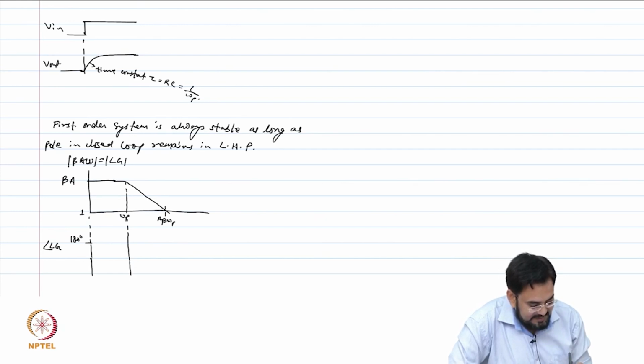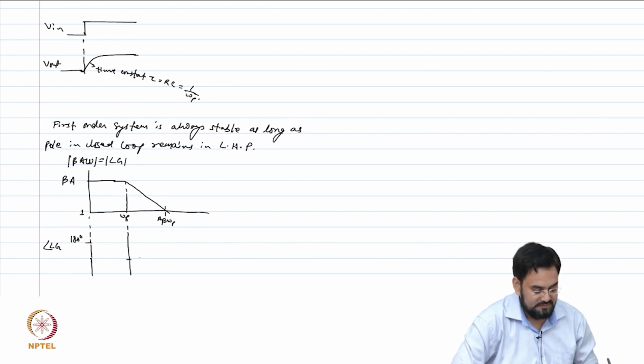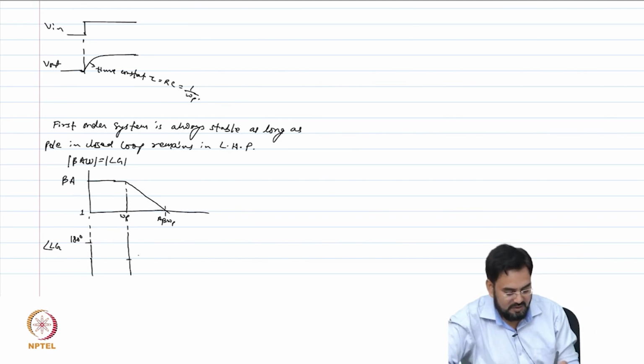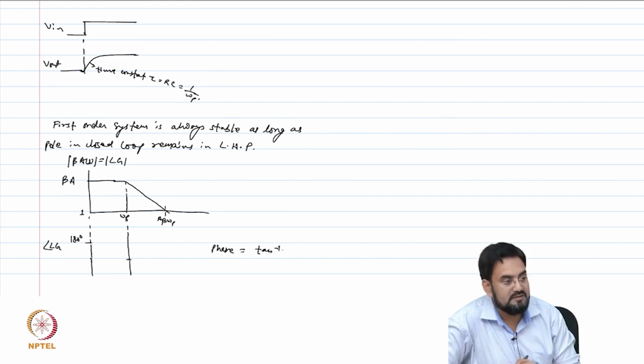So what will be the phase at the pole frequency? 135. The phase from one pole is tan inverse of omega by omega p.